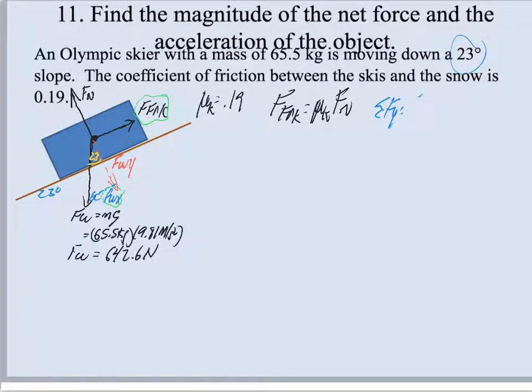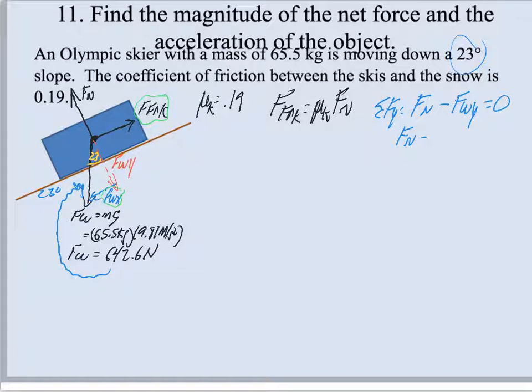So I can figure out what Fn is if I sum my forces along the y-axis. And I only have two vectors along the y. I have normal and I have Fwy. And those will balance out to 0 because, again, along the y-axis we don't have any unbalanced forces. Well, normal, I'm just going to drag that along because I don't know it yet. Fwy, is Fwy adjacent to the 23 or is it opposite? Fwy is adjacent to the 23. And what would the hypotenuse be?